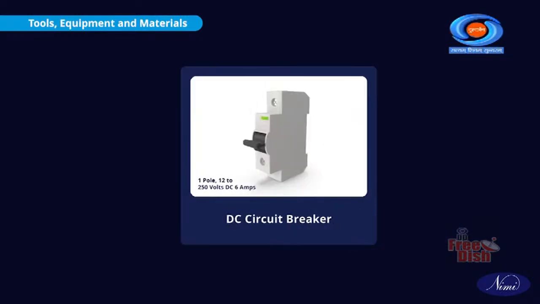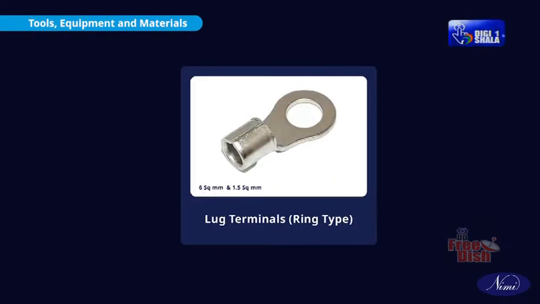DC circuit breaker, single pole, 12 to 250 volts DC, 6 amps. Lug terminals, ring type, 6 square millimeter and 1.5 square millimeter as required.